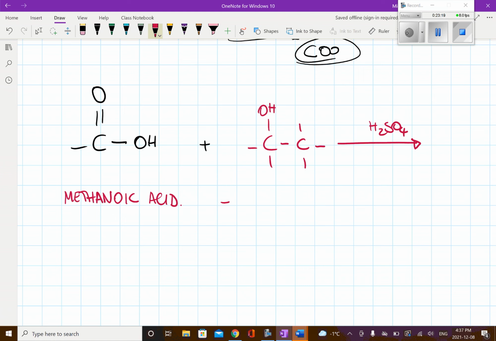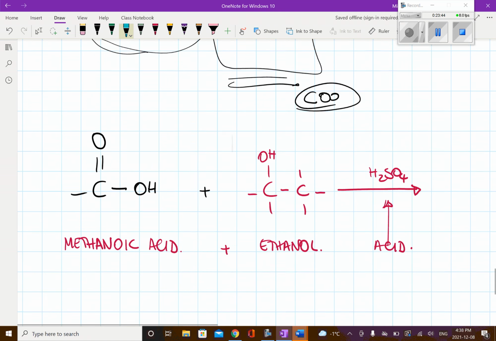This acid is reacting with ethanol in the presence of a very concentrated acid, very high molarity. So this is what is happening in the process.